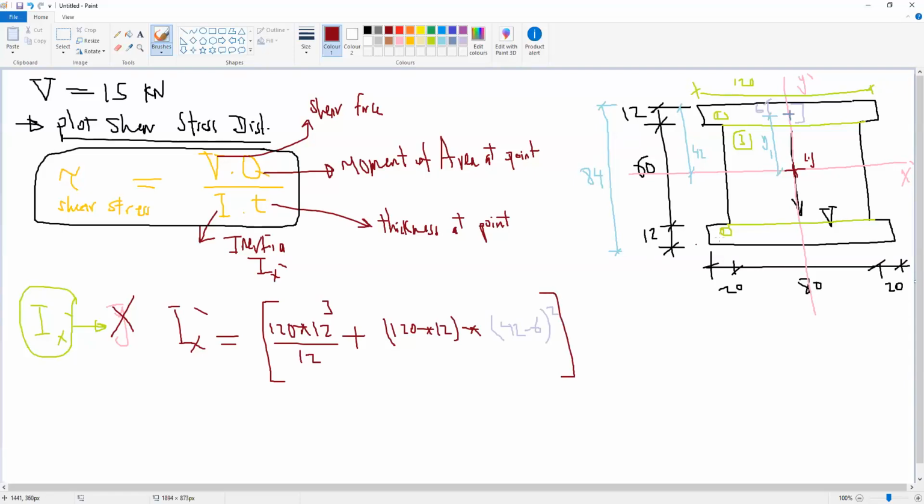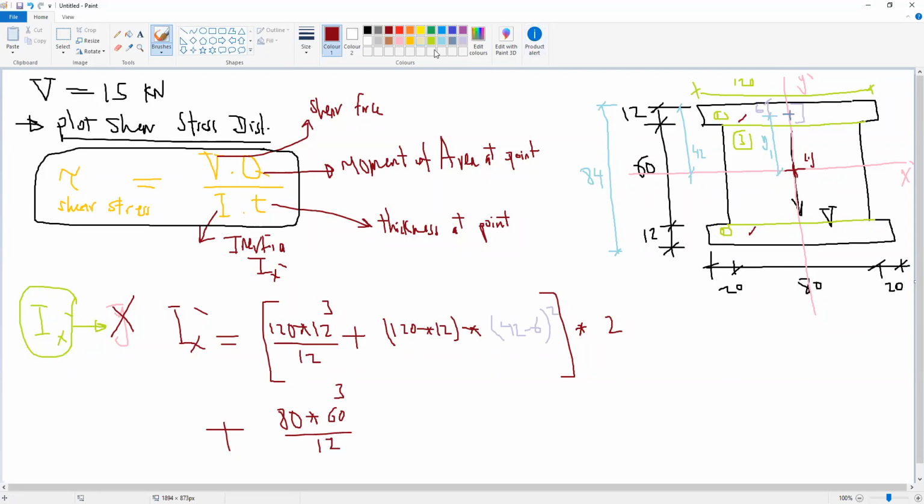And because area 1 and 2 are similar, we will multiply this by 2. Plus, for area 3, the width is 80 and the height is 60. So area 3 parallel to x is 80, multiplied by the normal to x, which is 60 to the power 3, divided by 12.